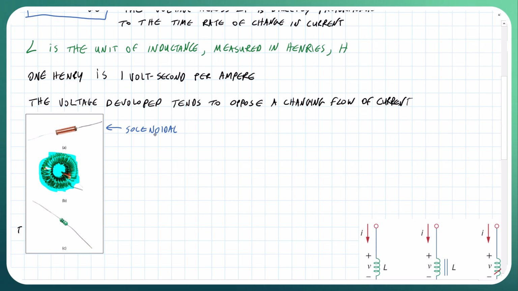You see the shape is a little different than the second one, which is a toroidal inductor, and which is different than the third, which looks like a resistor, an axial lead. Okay, so these are different types of inductors.